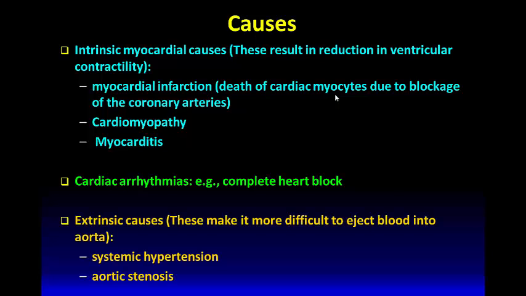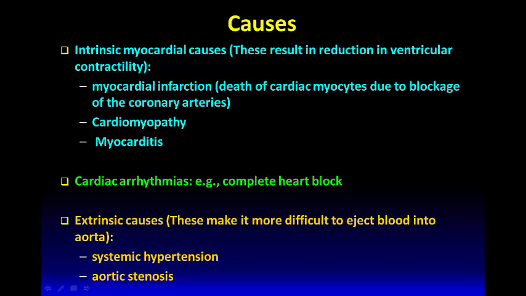Cardiac failure might also develop as a result of extrinsic causes, causes which are not within the myocardial tissue. These causes make it more difficult for the failing left ventricle or for the failing right ventricle to eject blood.